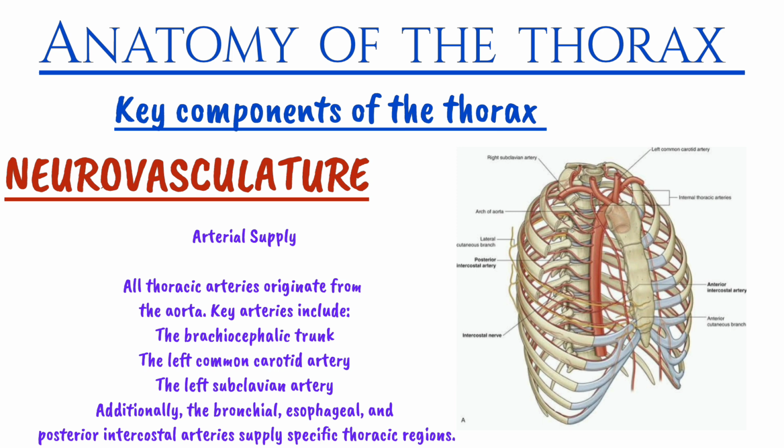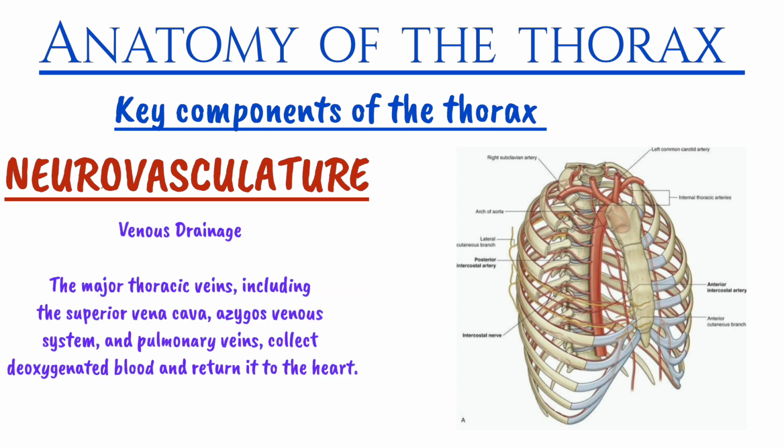Additionally, the bronchial and the posterior intercostal arteries supply specific thoracic regions. Now the venous drainage. The major thoracic veins include the superior vena cava, the azygos venous system, and the pulmonary veins. They collect deoxygenated blood and return it to the heart.